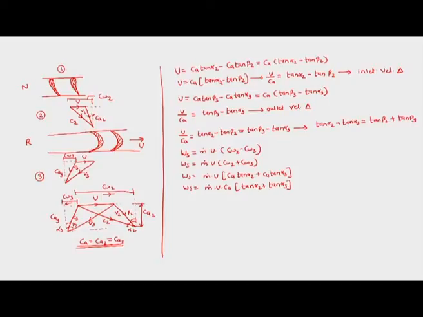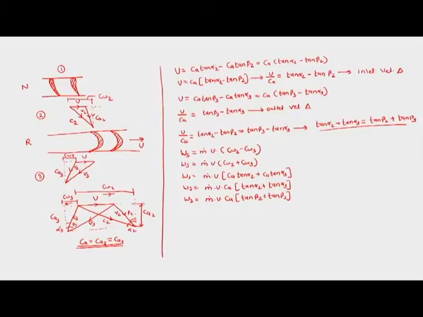So this is what we have got. Further, we know from this relation that tan alpha 2 plus tan alpha 3 is equal to tan beta 2 plus tan beta 3. So we can also write it as m dot u Ca into tan of beta 2 plus tan of beta 3. So this is the stage work expression we would need for the calculations, or we should know how to obtain stage work, turbine work, from the velocity triangles.